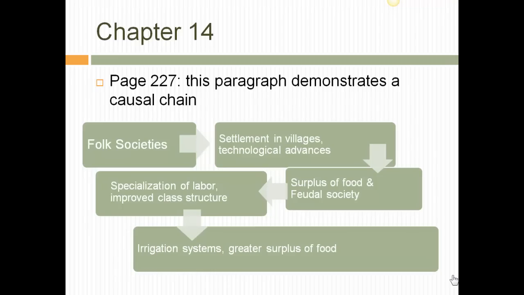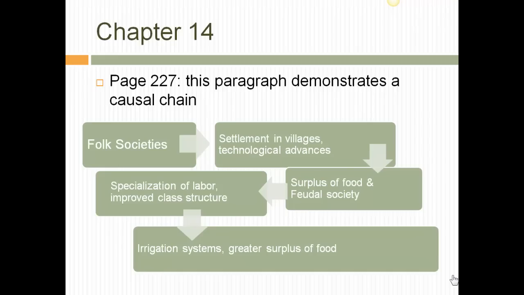Now, on page 227, you have an exercise that asks you to read through a selection and arrange the events in a causal chain. So this is one that does that third pattern, where you have a cause which leads to an effect, and that effect then becomes its own cause. And so we have the idea of folk societies.